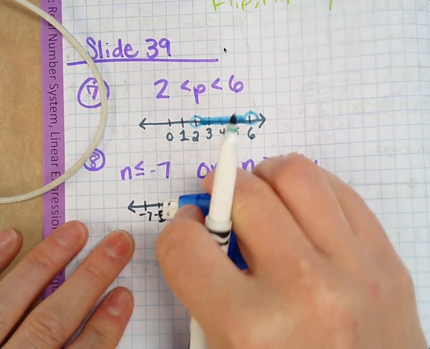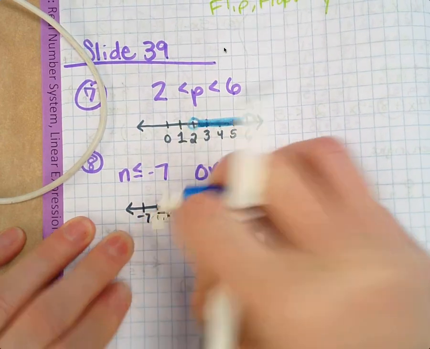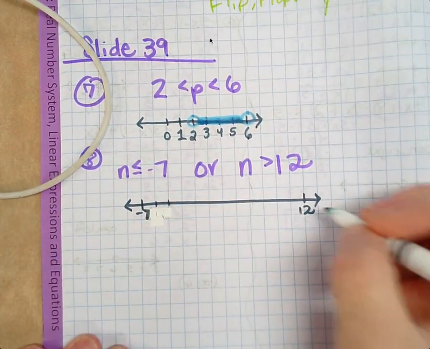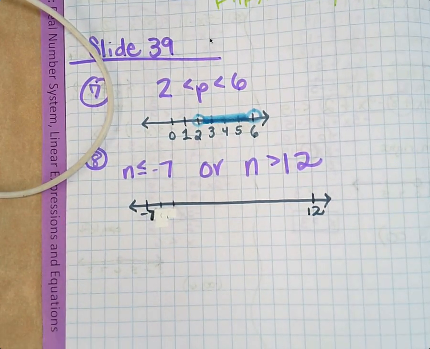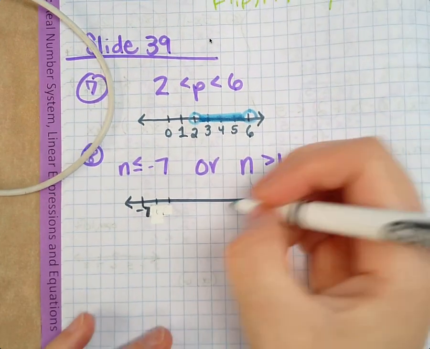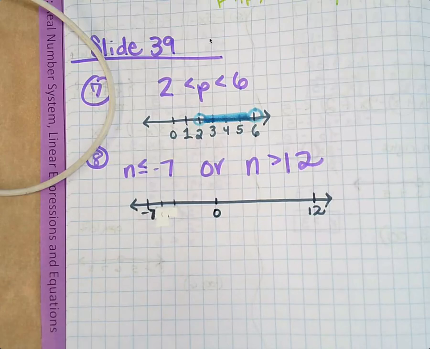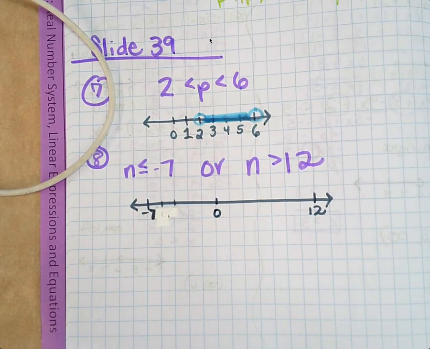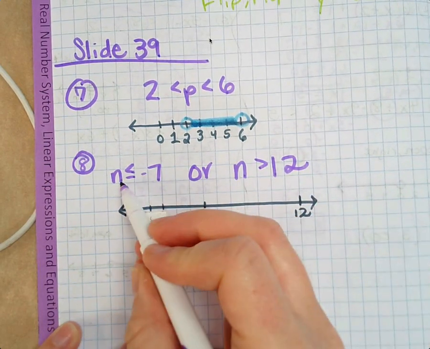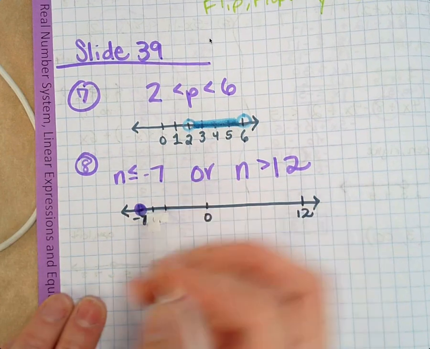Y'all okay with that? So we have -7, and we have 12. And somewhere along the way, there's a 0. It doesn't have to be perfect. So if we're going n is less than or equal to -7, we're going to have a closed circle.